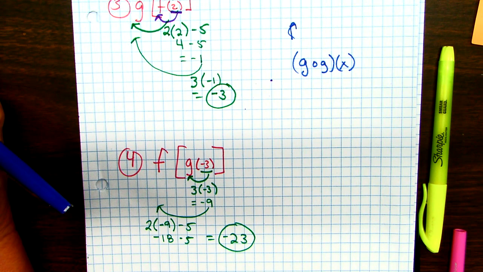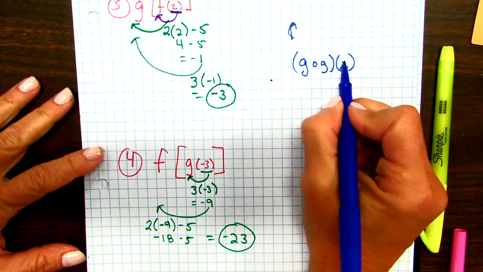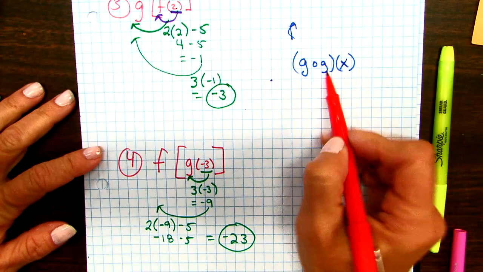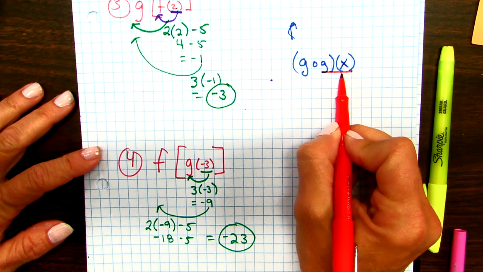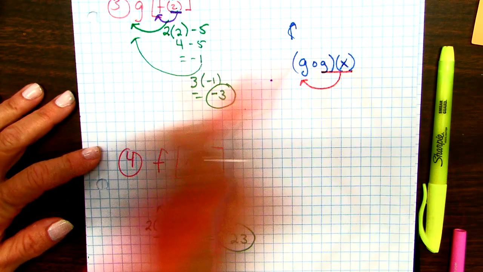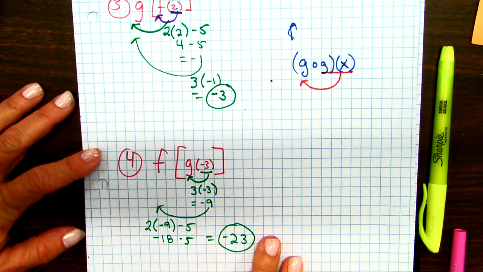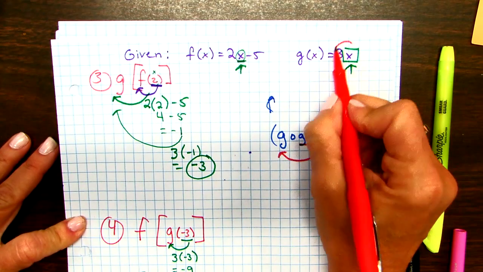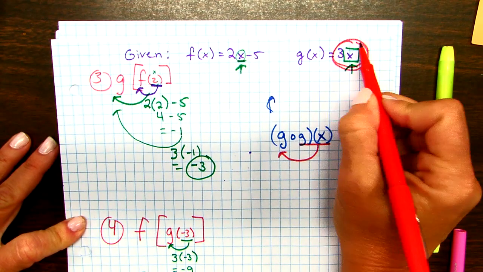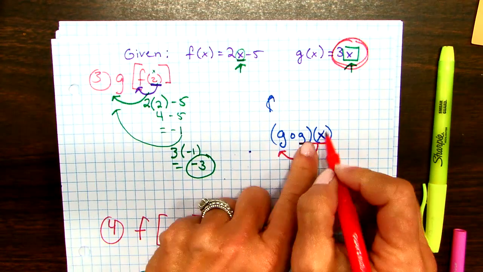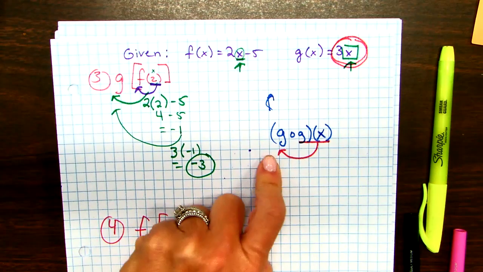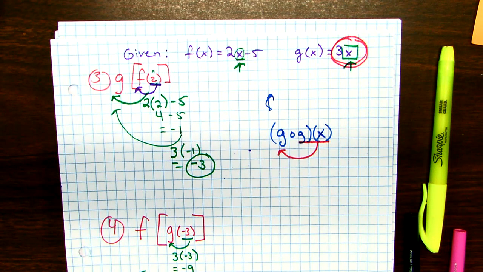Can I plug g of x back into itself? Yes, I can. Right to left, I'm going to take g of x and plug it into g of x. Well, here's g of x right here. So I'm going to take g of x, which is 3x, and I'm going to plug it into itself. Where do you plug in?